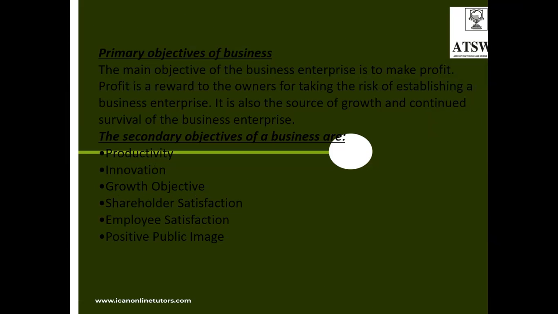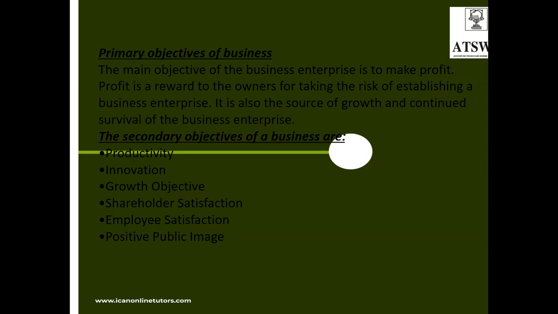So please don't forget, these are the objectives of business. The primary is to make profit. The secondary is to ensure productivity. Your product must always be available. There must not be stock out. You must be innovative. You have to be thinking of growth. You have to satisfy your shareholder. You have to satisfy your employee.